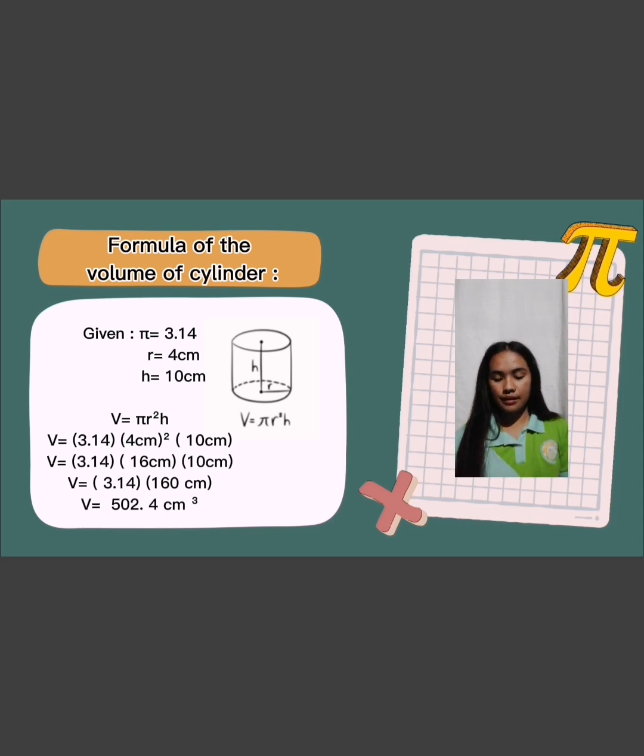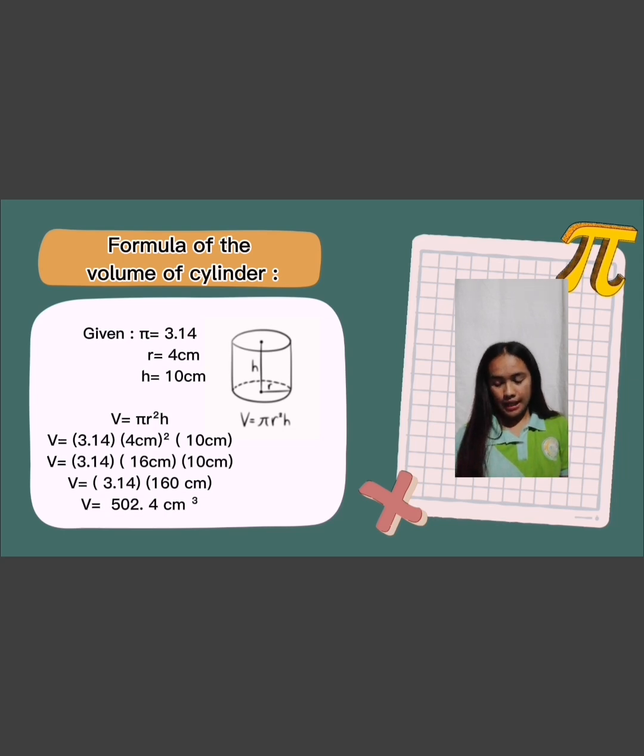So next, bring down again the 3.14, and then we multiply 16 times 10 will be 160 centimeter. So then, after that, we need to multiply 3.14 to 160 centimeter, and our answer will be 502.4 centimeter cubed. So don't forget to write down the unit.